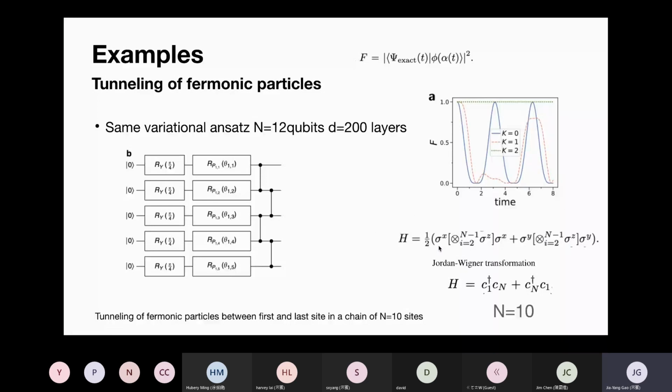After the Jordan-Wigner transformation, you can think of it like tunneling of fermionic particles between the first and last sites of an n-site chain, and this case simulates the n equals 10 situation. Now you can't use only the 1 moment state. You need more moment states, so in this case they use cumulative 2 moment states to reach a fidelity of 1.